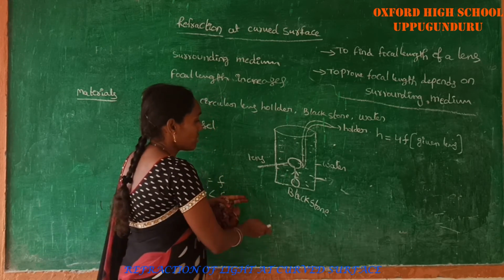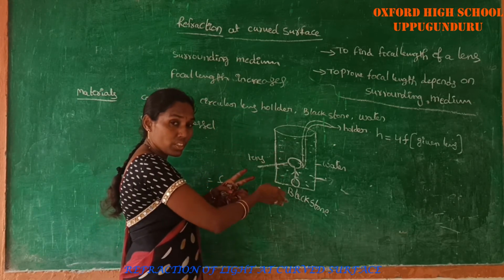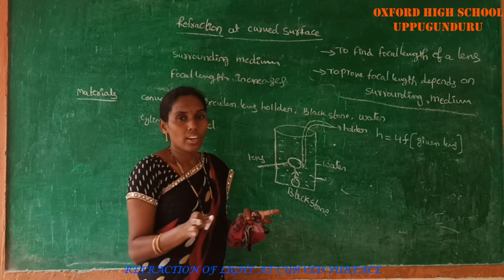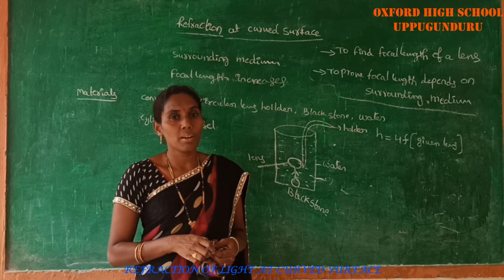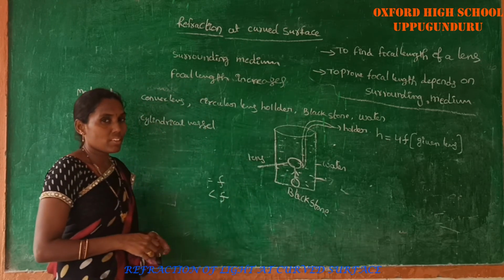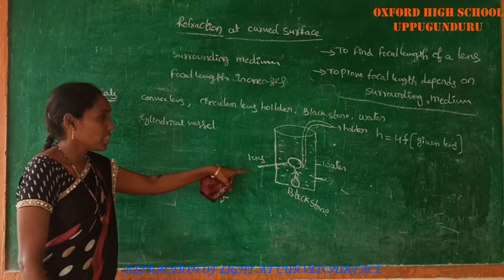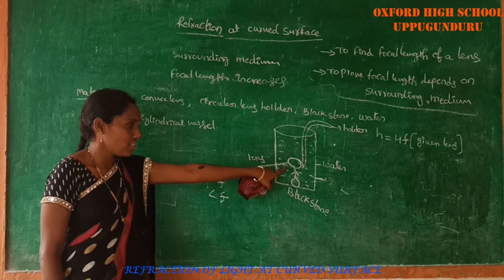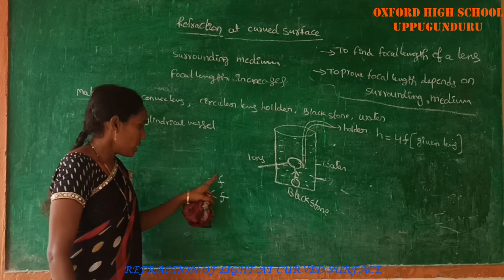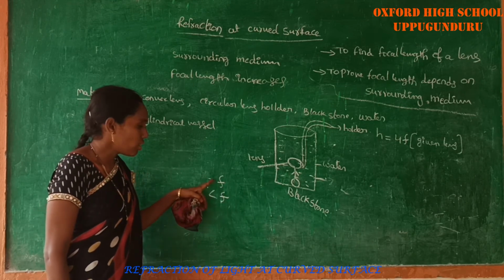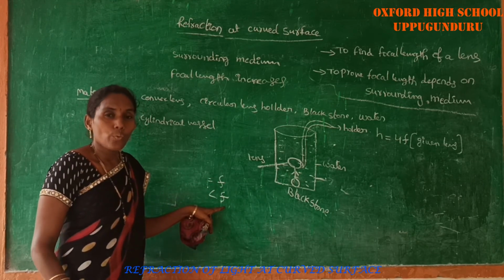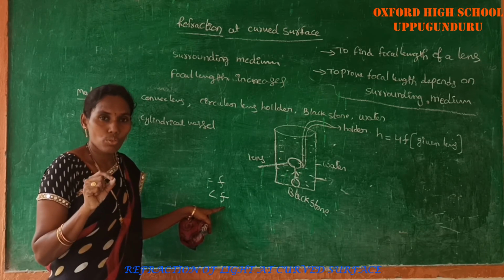But if the lens is raised further, we cannot see the image of the stone. Now remember this. If the distance between the lens and the black stone is equal to or less than the focal length of the lens, we can clearly see the image of the stone.